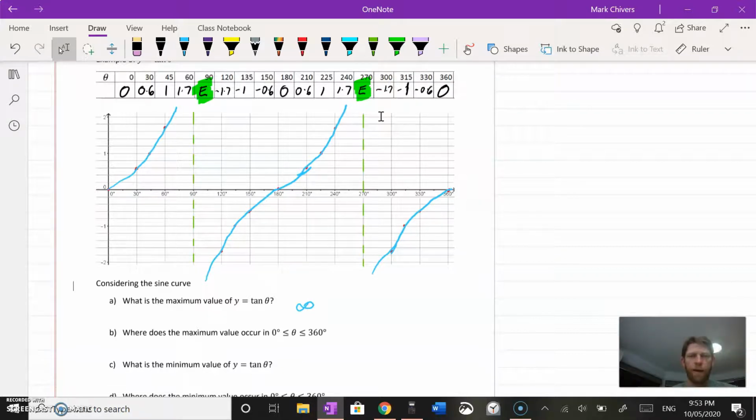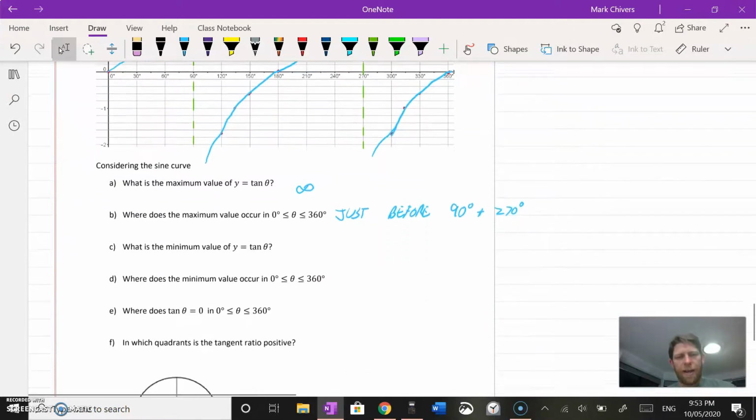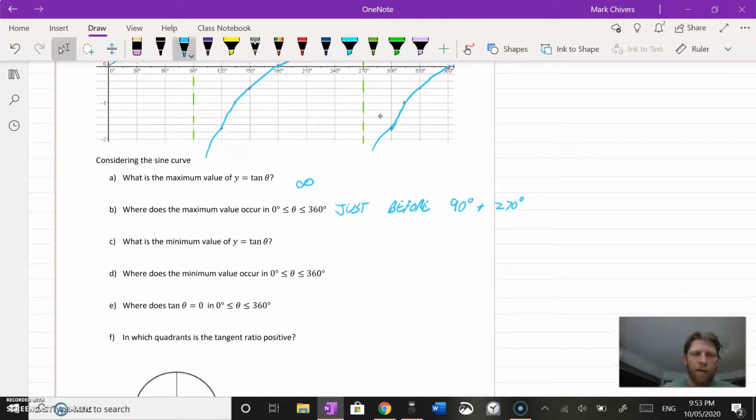Where does the maximum value occur? It's sort of just before, in this case, 90 and 270 degrees. But obviously it can't equal them. What's the minimum value? Well, that's going to be negative infinity. Once again, this line is going to keep going south, approaching that green dotted line, but never touching it. And where does that occur?